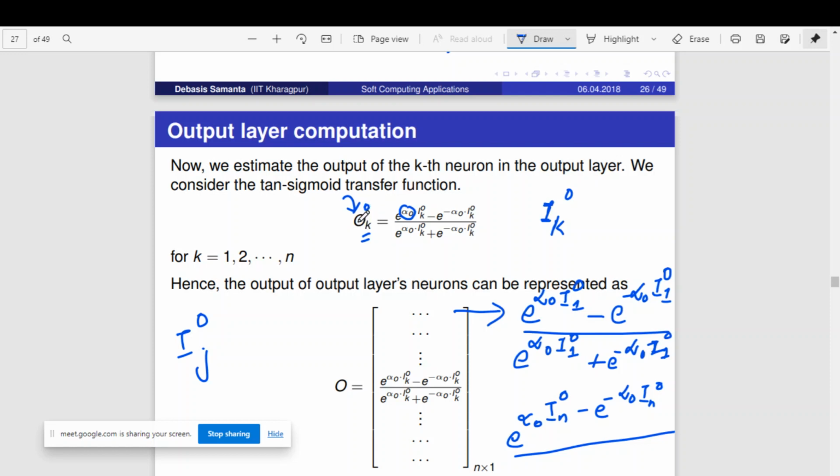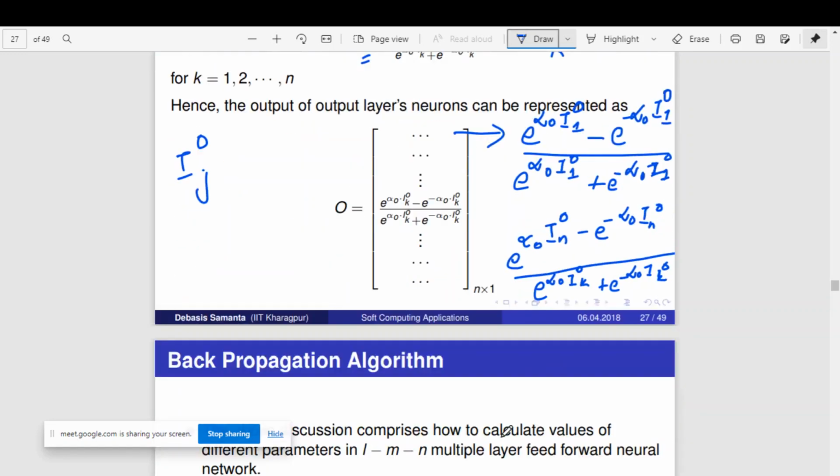This is the final output of that kth neuron. So similarly, e to the power alpha naught Ik^O minus e to the power minus alpha naught Ik^O, divided by e to the power alpha naught Ik^O plus e to the power minus alpha naught Ik^O. Basically this entire thing will be a vector of size n cross 1. This is how the output layer computation is done.